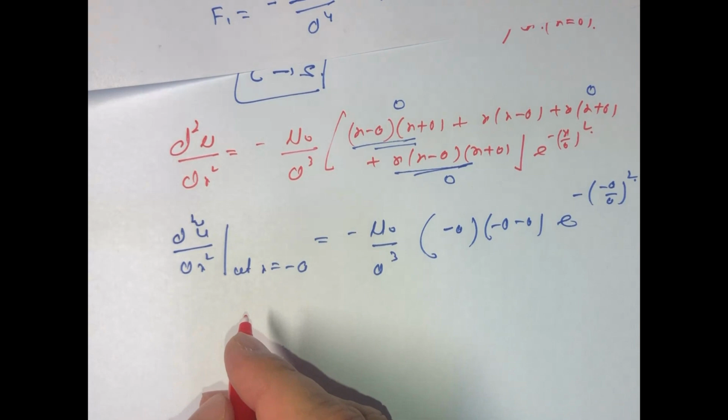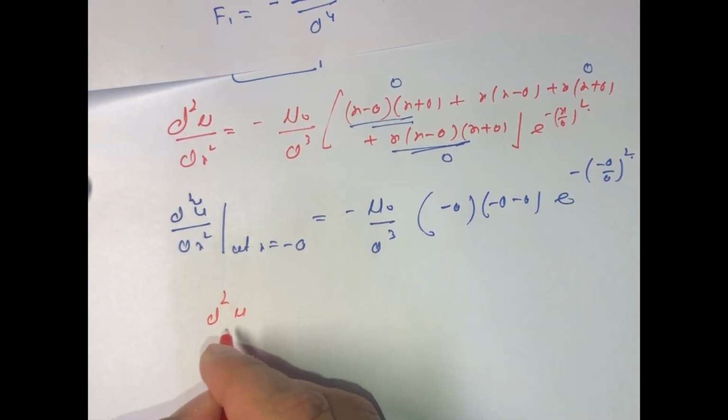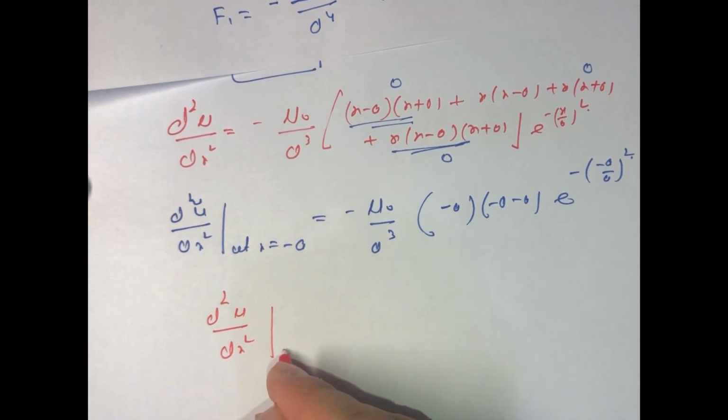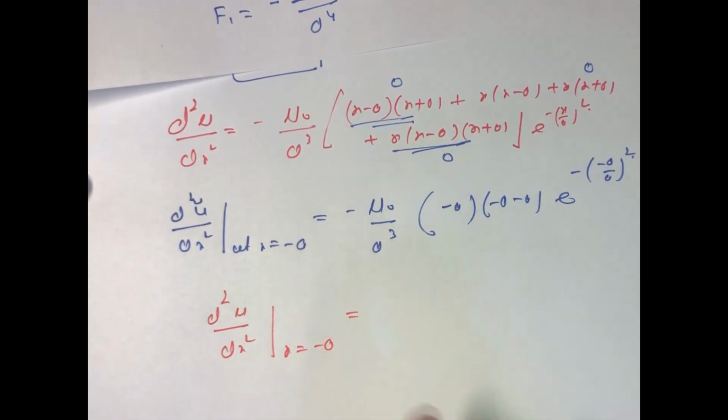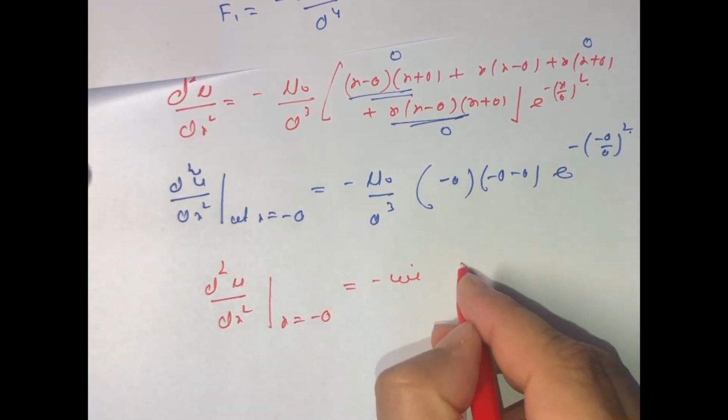So we are only interested in sign. So we get u square double derivative at x equal to minus of a is equal to negative, and which is less than 0.